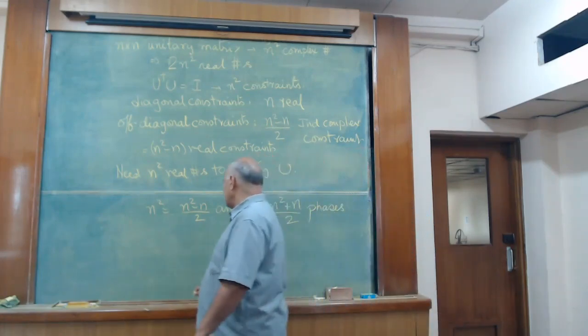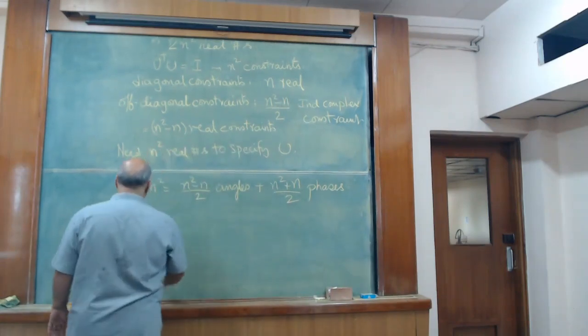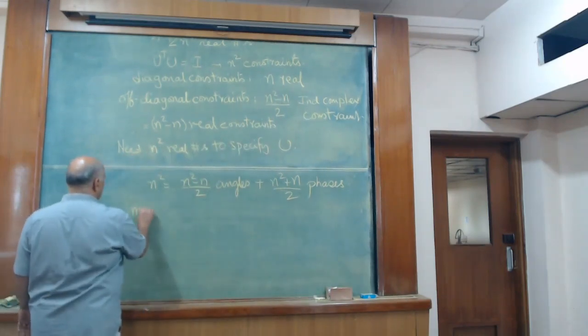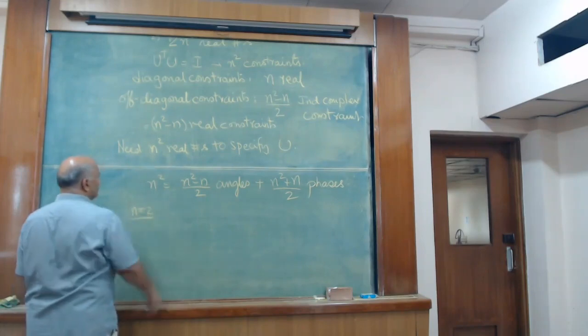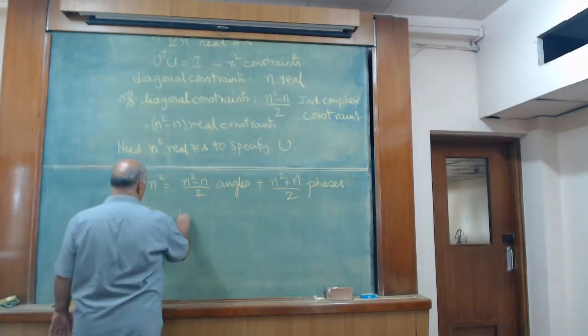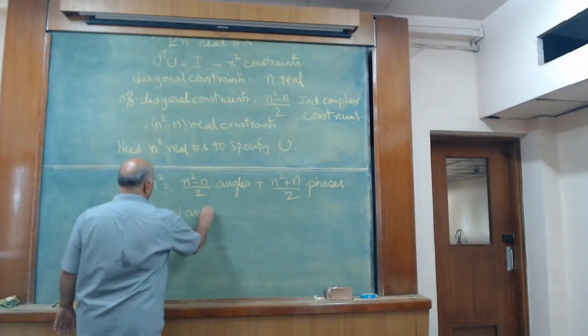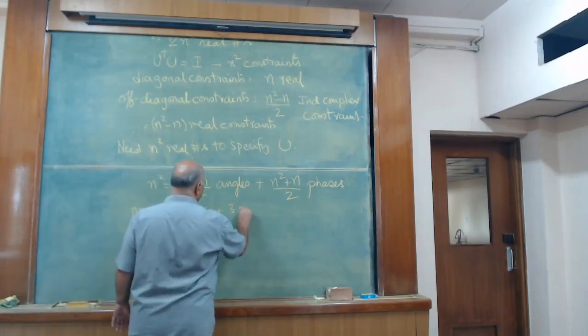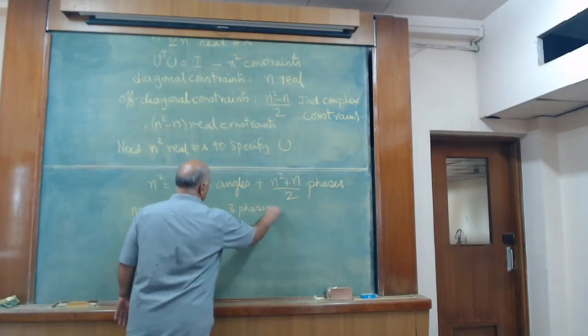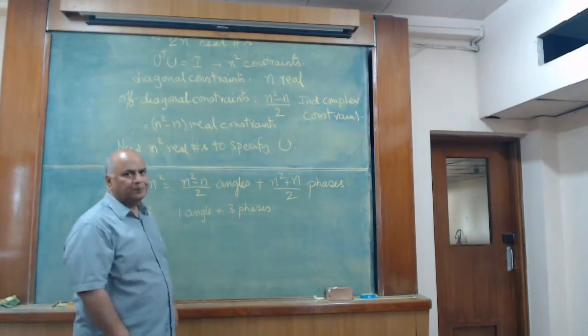So for n equal to 2, we have one angle plus 3 phases.